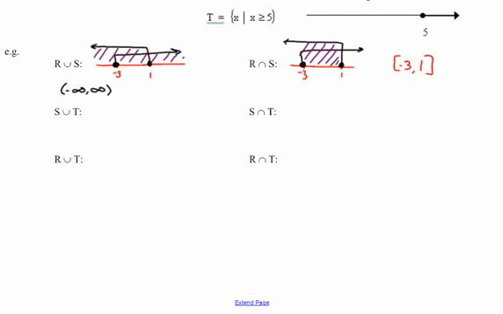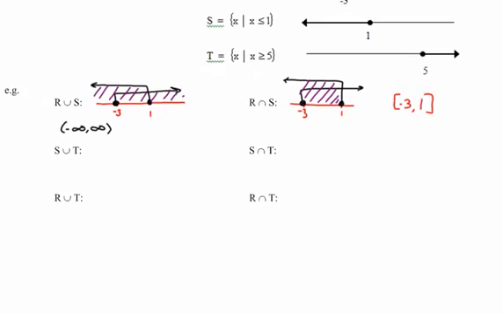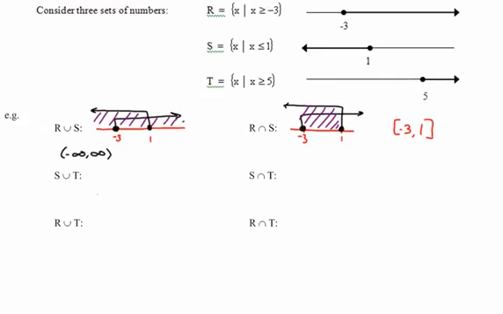So let's try another two, S and T. Okay, so S, we have less than or equal to 1, and T is greater than or equal to 5. So the union, well, how do we actually state it? We have two different areas here.